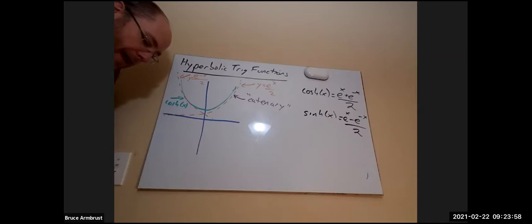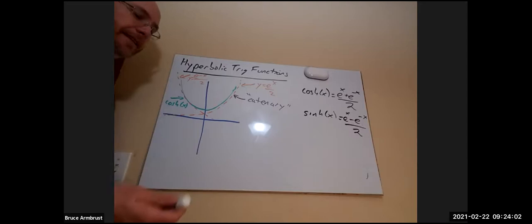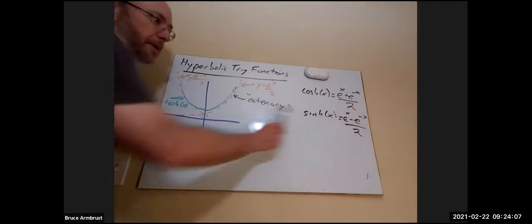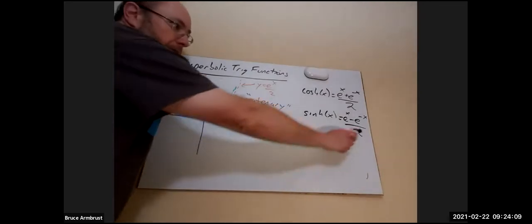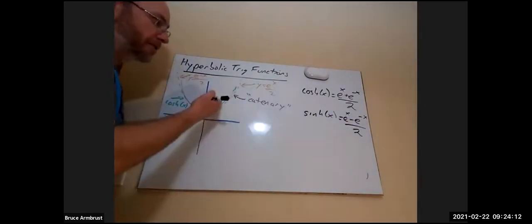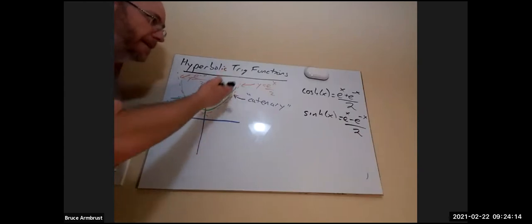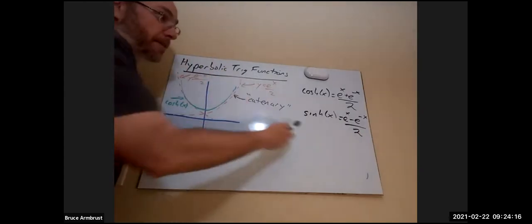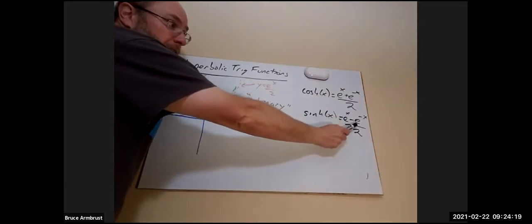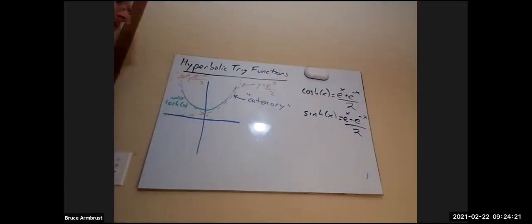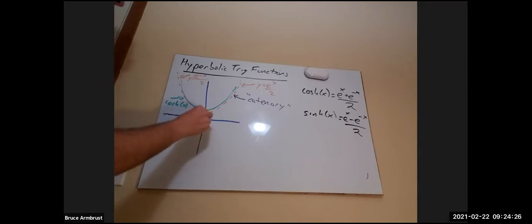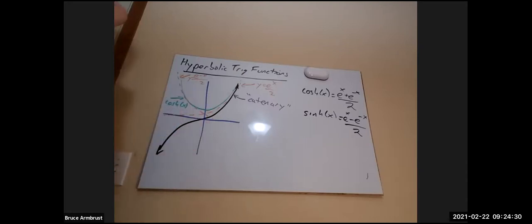And then hyperbolic sine, if you look at that one, notice that it does kind of the same thing. When we go really far out, the e to the minus x drops out, so it's going to look like the same e to the x over 2. But on the other side, the e to the x cancels, it's going to look like negative e to the minus x over 2, so it's actually going to go downward. And so what we see with that one is something that looks like this.